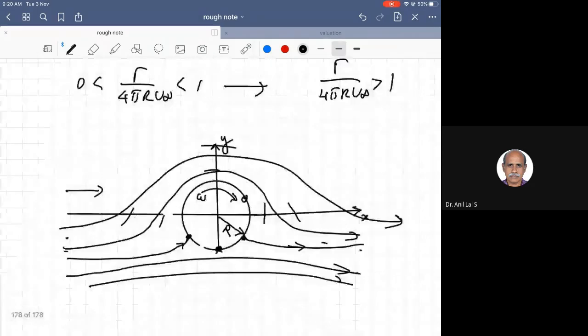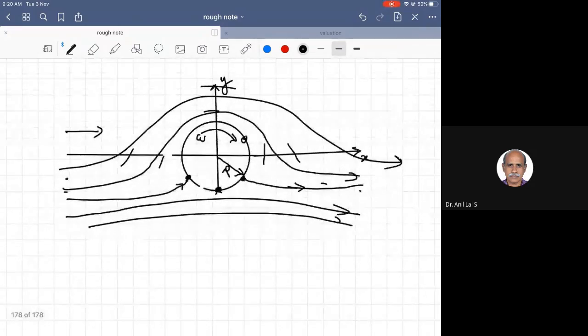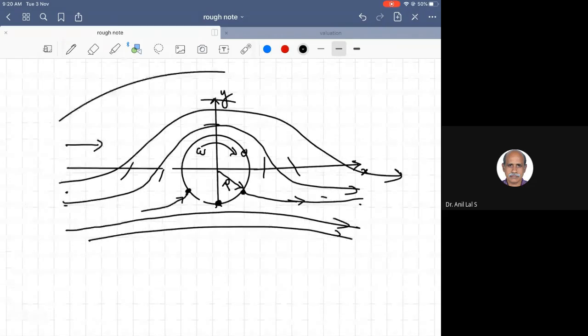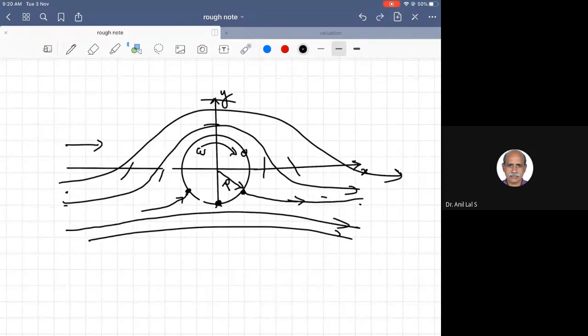But in this case also, there will be a point where velocity is equal to 0. That will be outside the surface of the cylinder. So it will be like this.